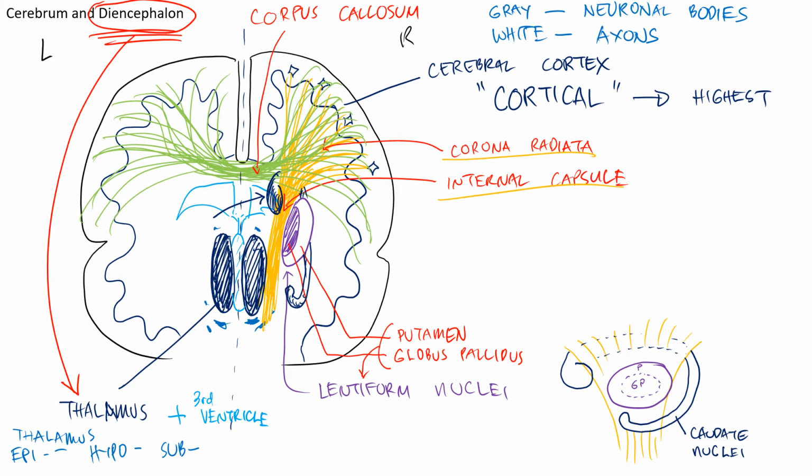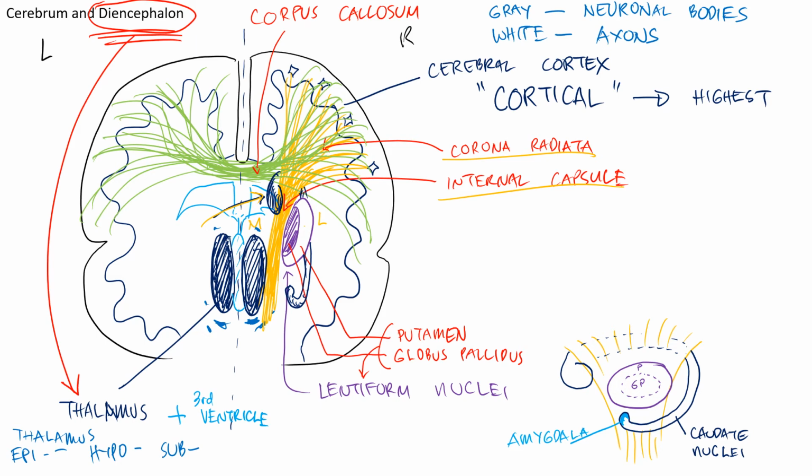Medial to that would be your thalamic nuclei and the head of your caudate nucleus. Lateral to that would be your lentiform nuclei and the tail of your caudate nucleus. Okay? You remember the name of the tip of the tail? That's your amygdala.